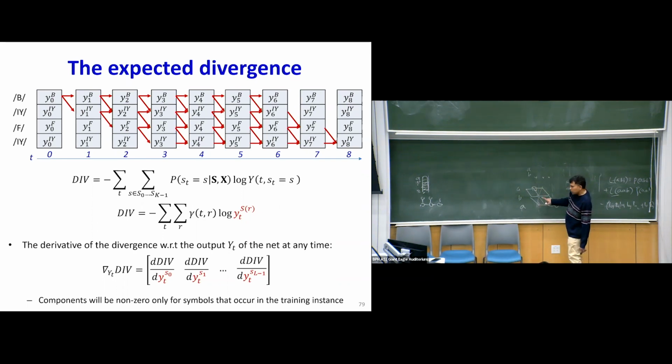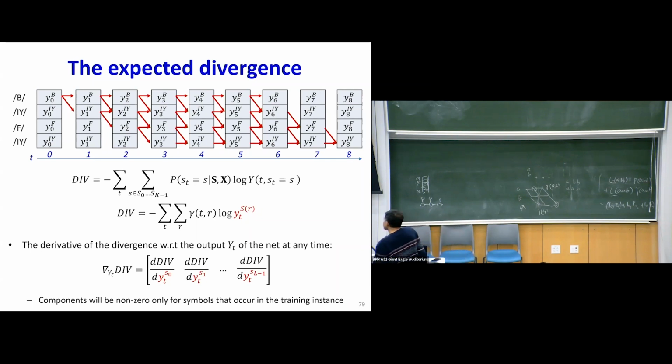So this is gamma of the first A at time 2, and this is gamma of the second A at time 2. I'm going to sum the gammas at both of these nodes and then multiply that by the log probability. That makes sense, right? That's because the node can occur multiple times in the graph.